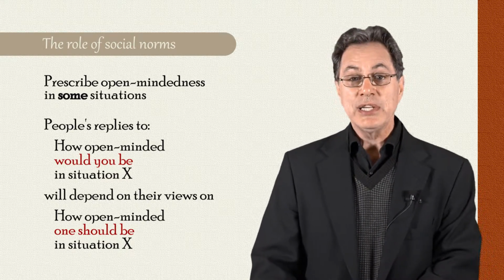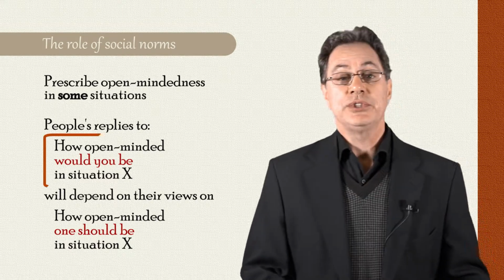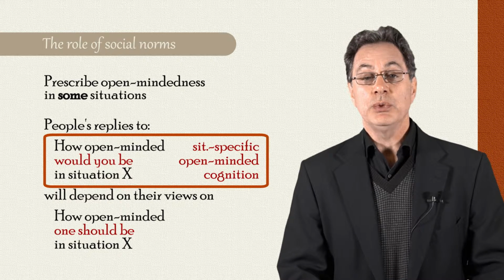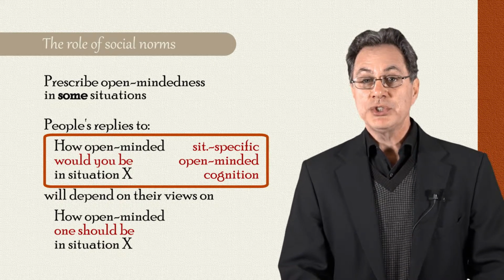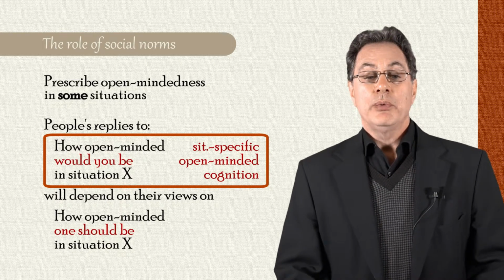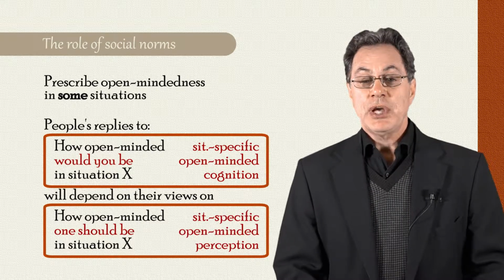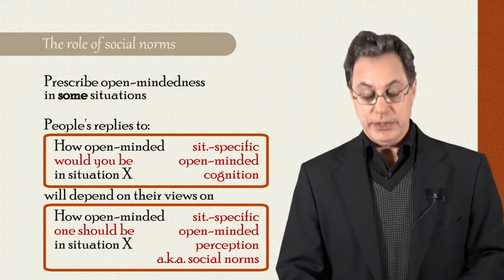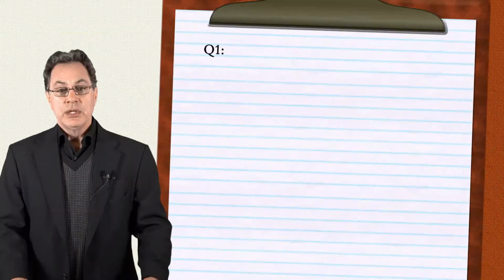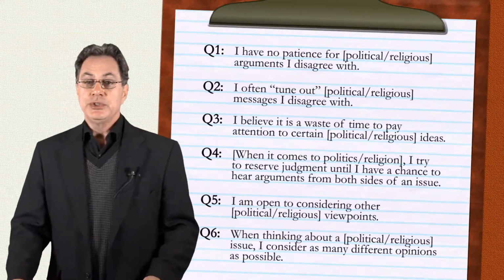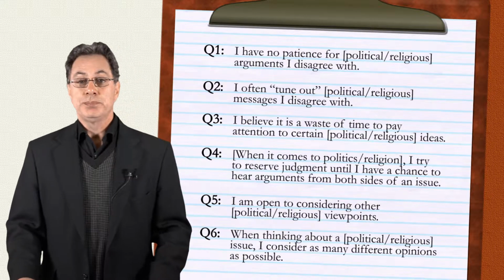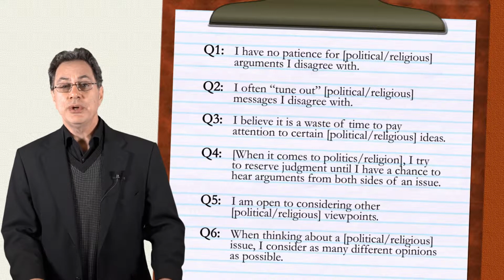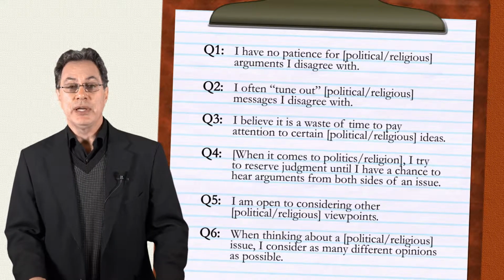Just to make clear, what we mean by situation-specific open-minded cognition is the extent to which one believes they personally would be open-minded in the situation, whereas what we mean by the normative perception is the extent to which one believes one should be open-minded in the situation. So we went about measuring these new constructs, which are situation-specific. But in fact, this measure is very similar to what you have already seen in the general open-minded cognition measure.